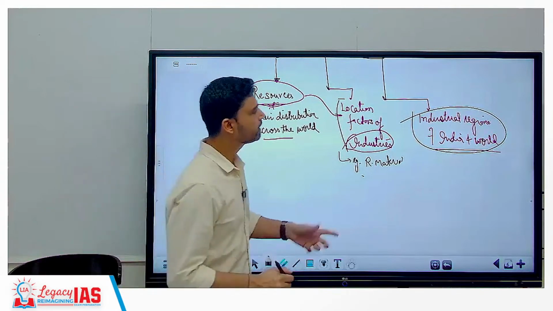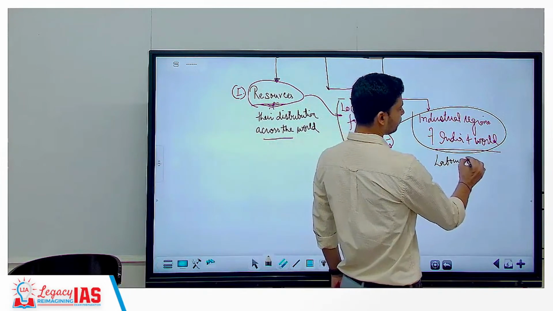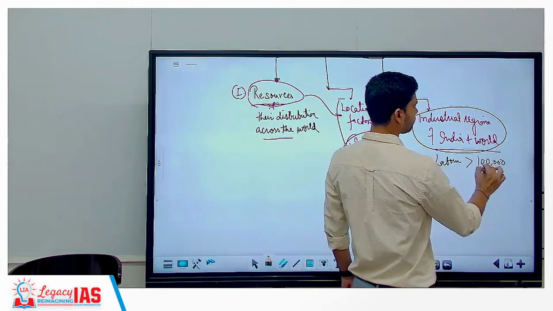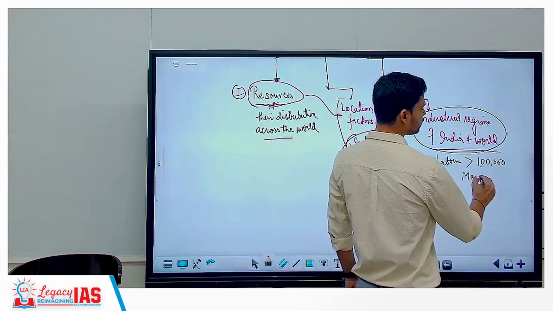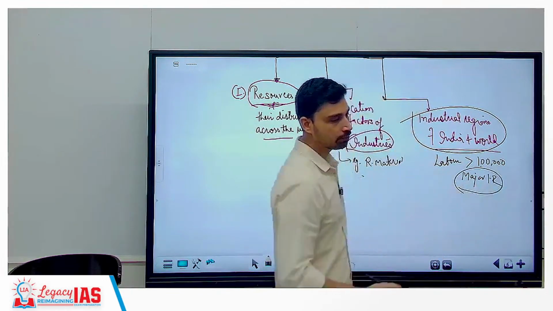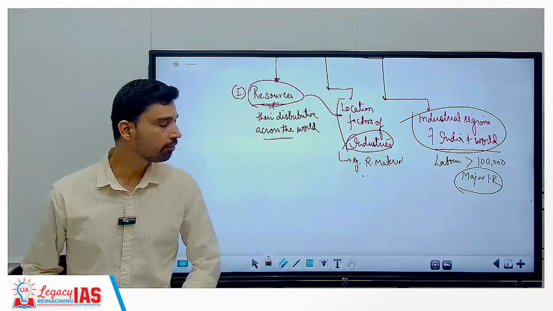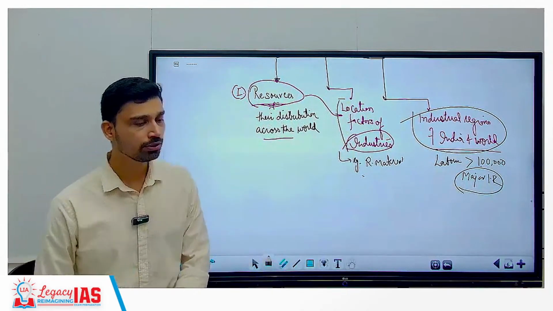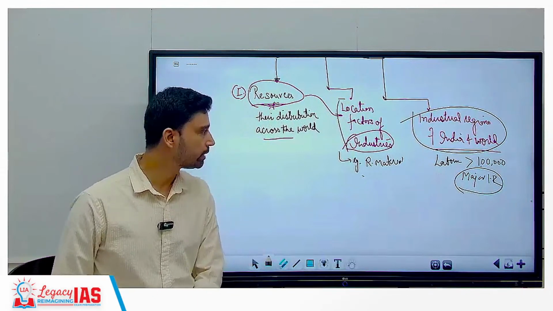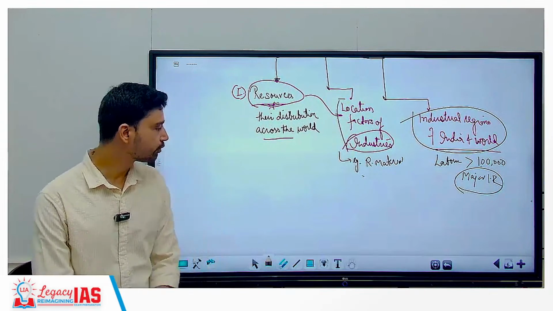It is basically defined on the basis of labor. If in any industrial area the daily working labor force is more than 100,000, industrial working force we are talking about, not the other places, then it is referred to as a major industrial region.